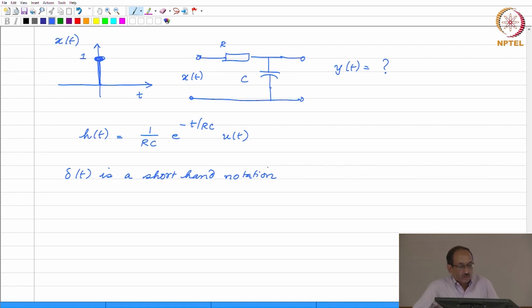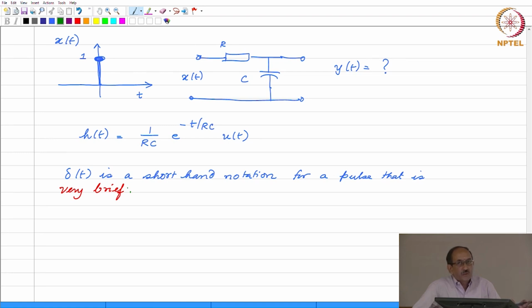Delta of t is a shorthand notation for a pulse that is very brief. And in practice, all measuring equipment have finite resolving power. You cannot measure anything in practice with infinite precision. So all practical equipment have finite resolving power.